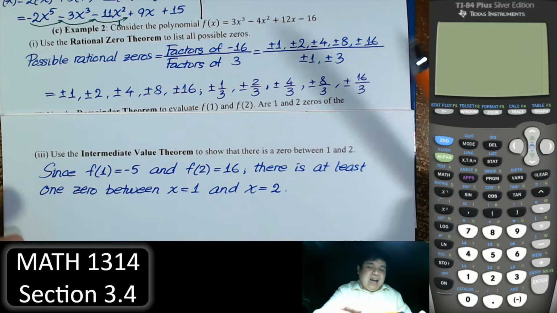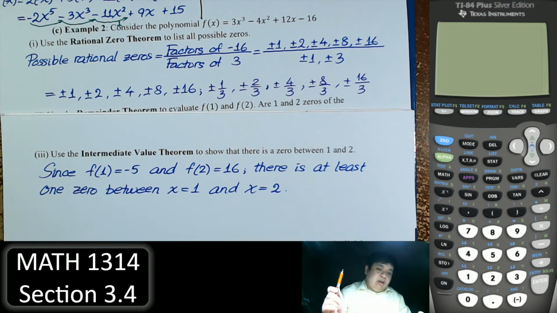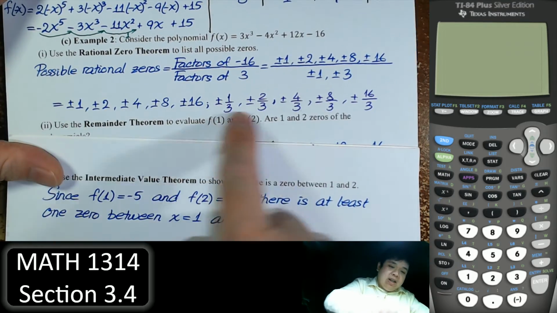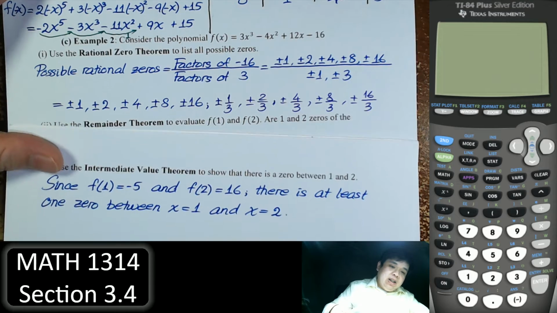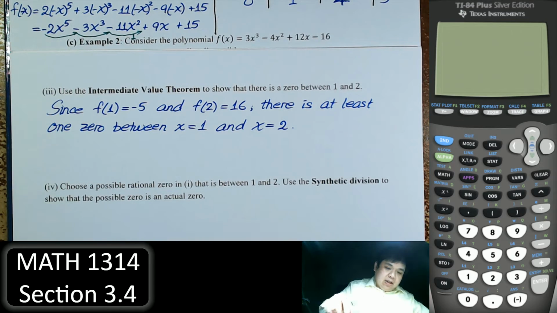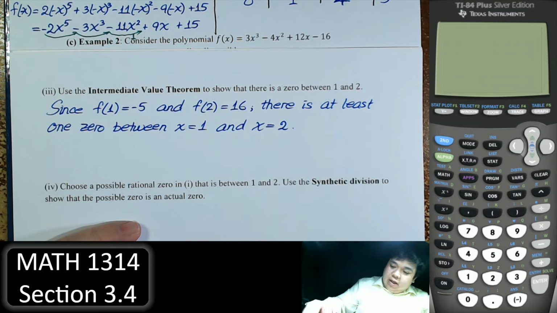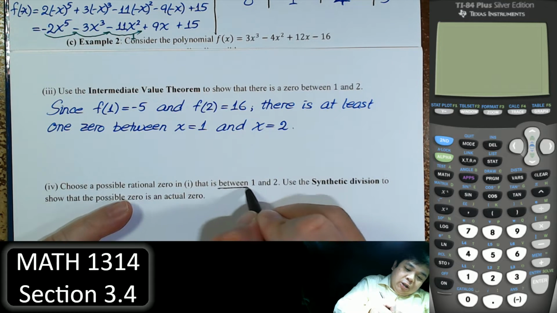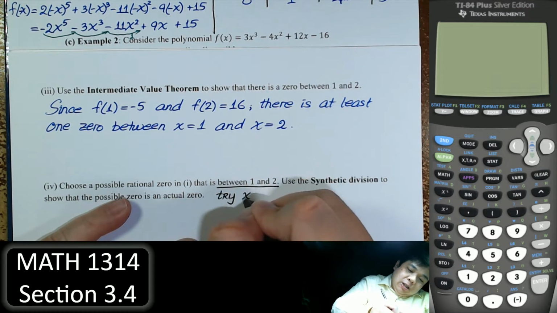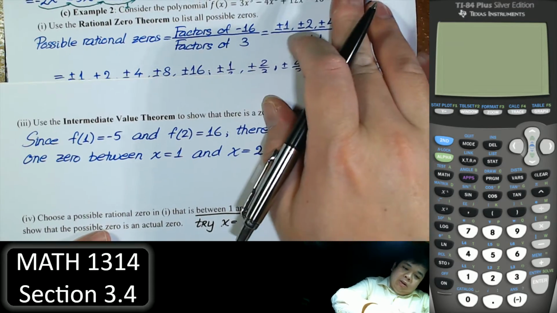So out of all the numbers in that list, 4/3 is the actual candidate. So choose a possible rational zero in this list, and this is 4/3. So we just choose that and test it. So a possible number between 1 and 2, meaning we're going to try 4/3.